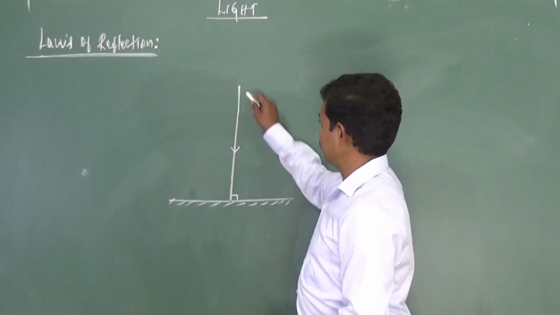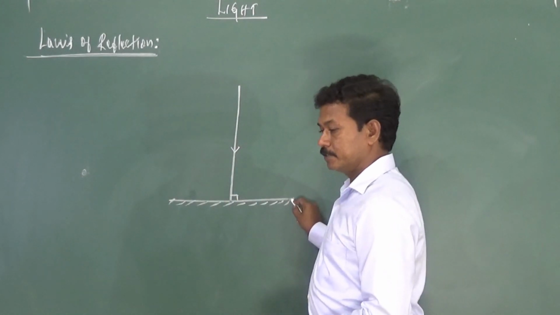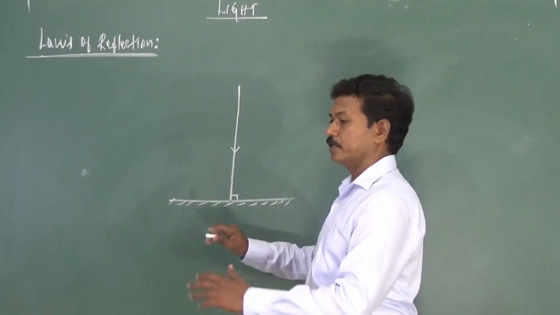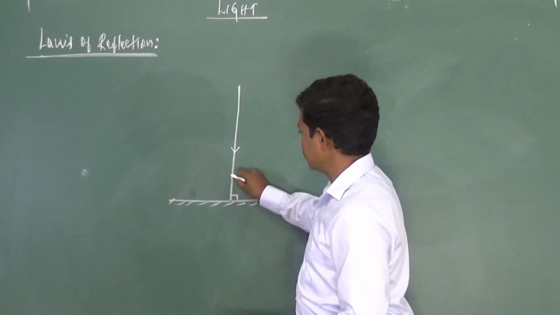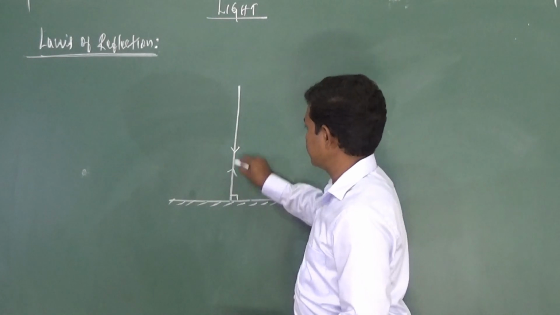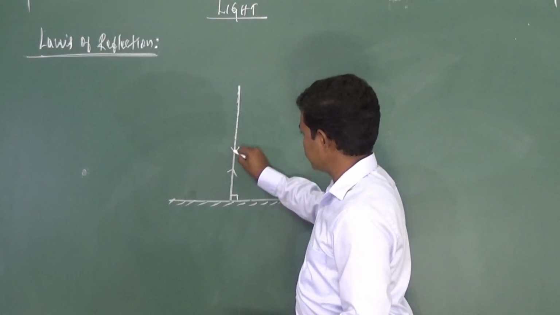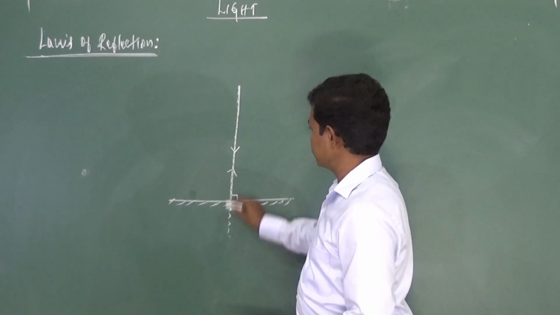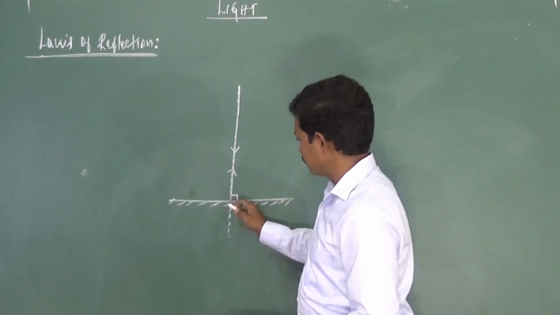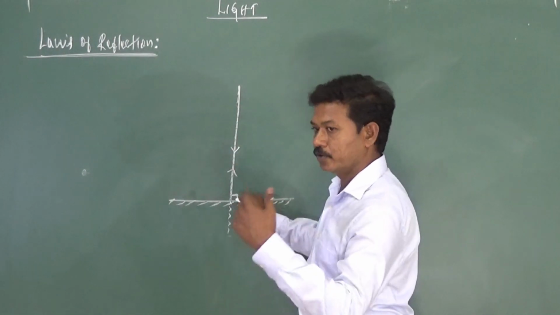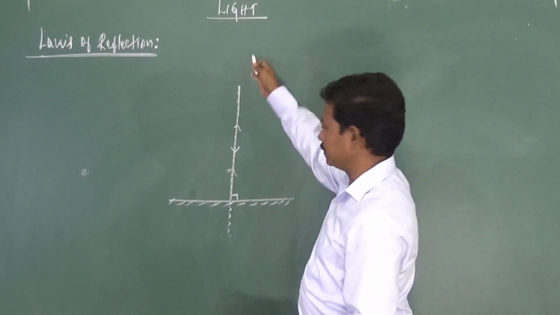So remember this, whenever a light ray falls on the mirror perpendicular to the mirror, that is called normally to the mirror, then after reflection the light ray is going to bounce back in the same direction. The normal is here, we cannot see the normal because the incident light ray is travelling on the normal. So it is going to bounce back to the same medium in the same direction.